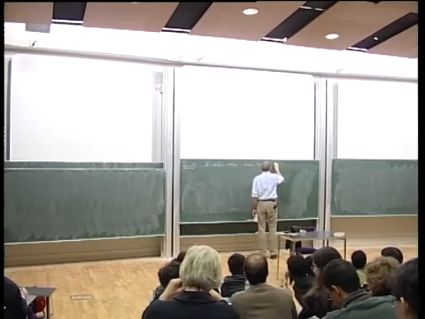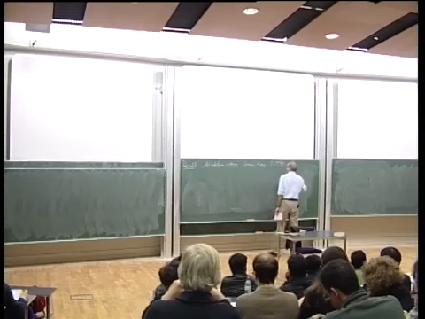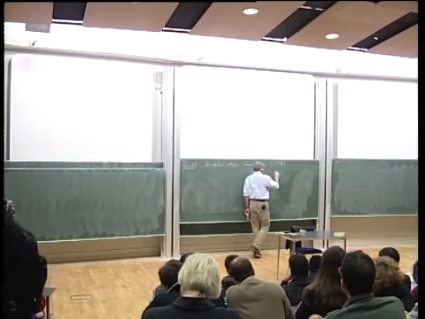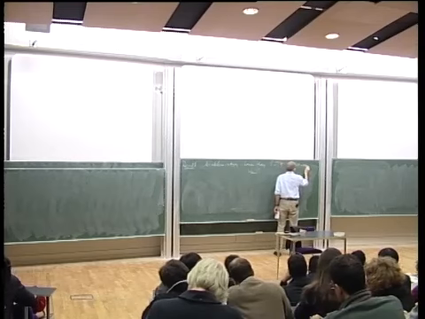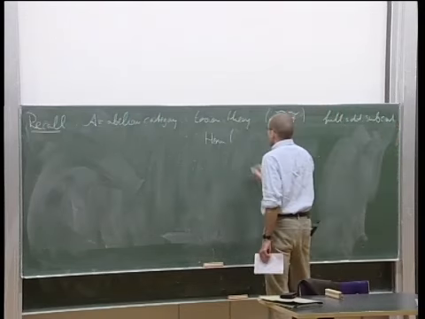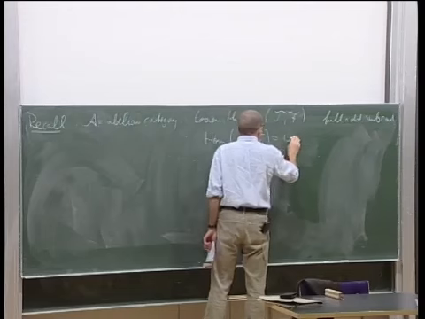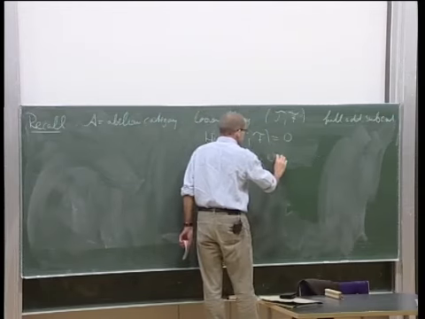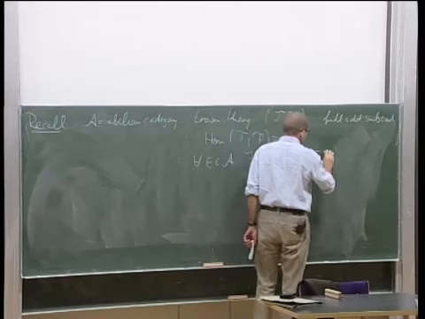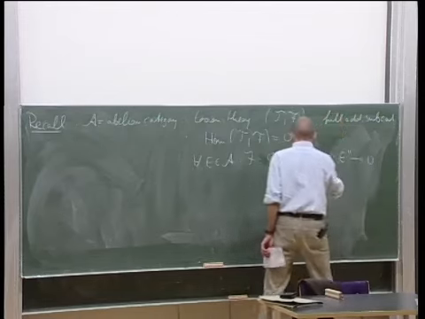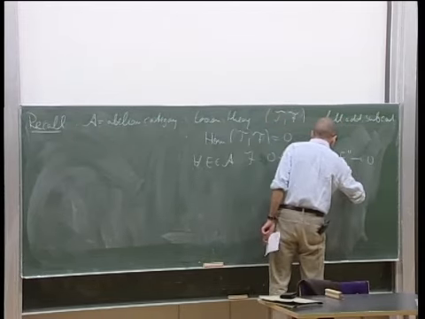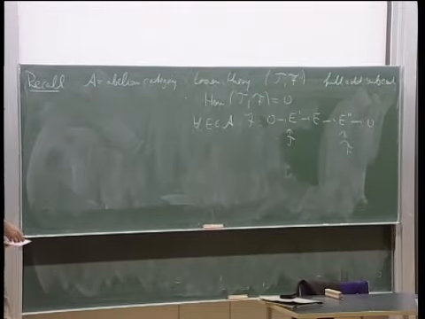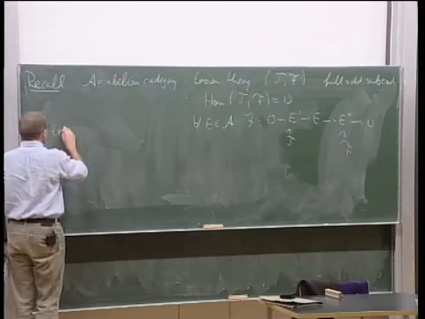A torsion theory in an abelian category consisted of two full additive subcategories, T and F, satisfying two properties: there are no morphisms from T to F, and for any object in my abelian category there exists a short exact sequence where the first one is torsion, so in T, and the second one is torsion free, so an object in F.